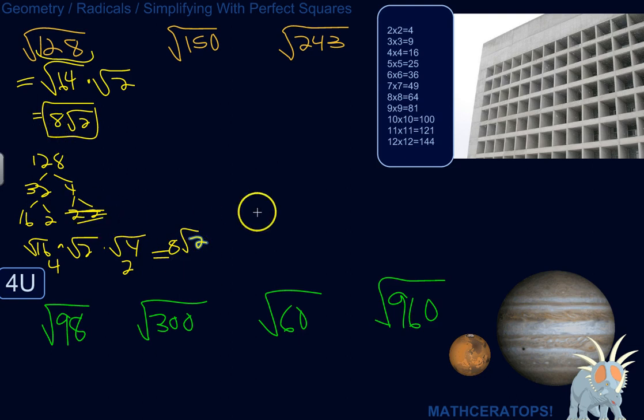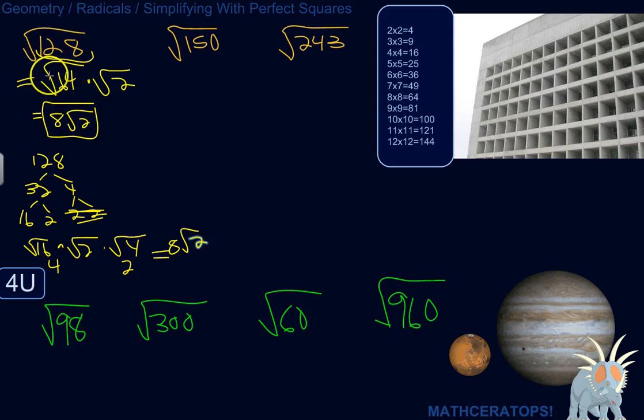So that's fine. This whole perfect squares business is just a shortcut. If instead of factoring it all the way down to its prime factors with the factor tree, you can look for perfect squares, that could save you some time. So, for example, I saw that 128 is just 64 times 2.